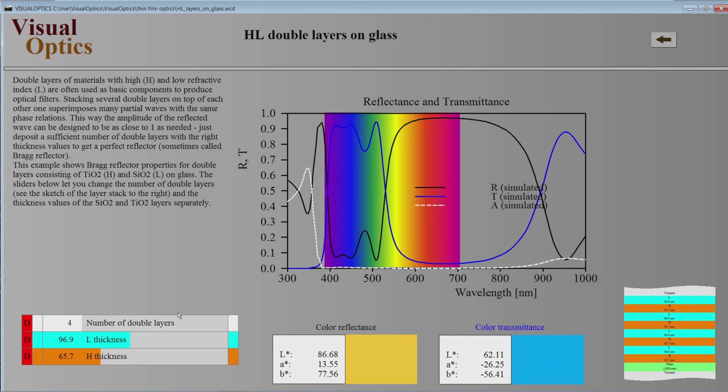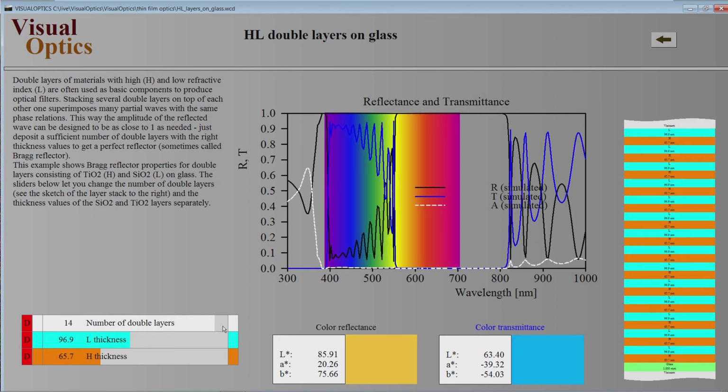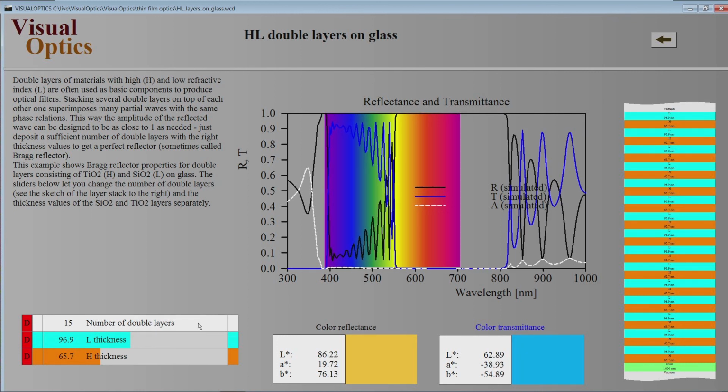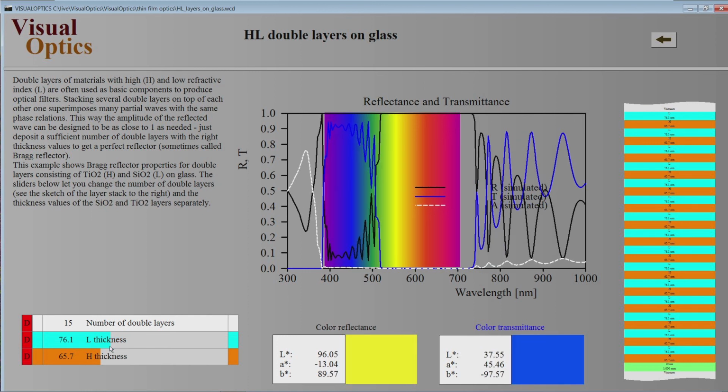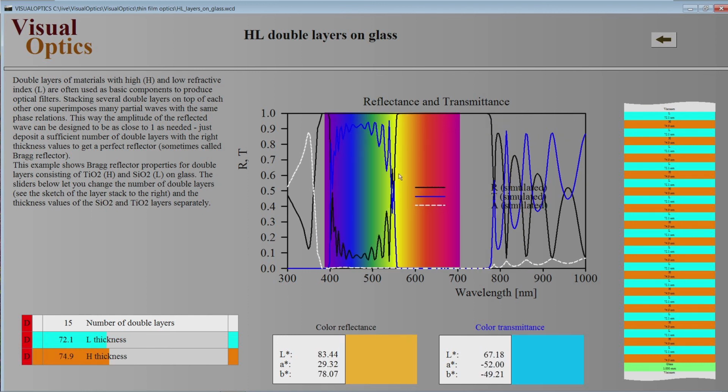radiation. Let's take a high number of double layers, let's say 15. That means 30 layers have been deposited. And with the thickness values of the layers, I can shift the high reflectance that you get here, and this is very close to 100%.